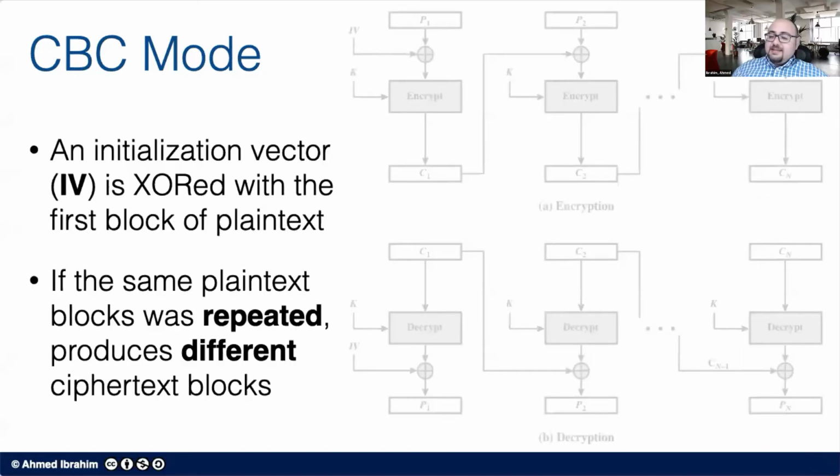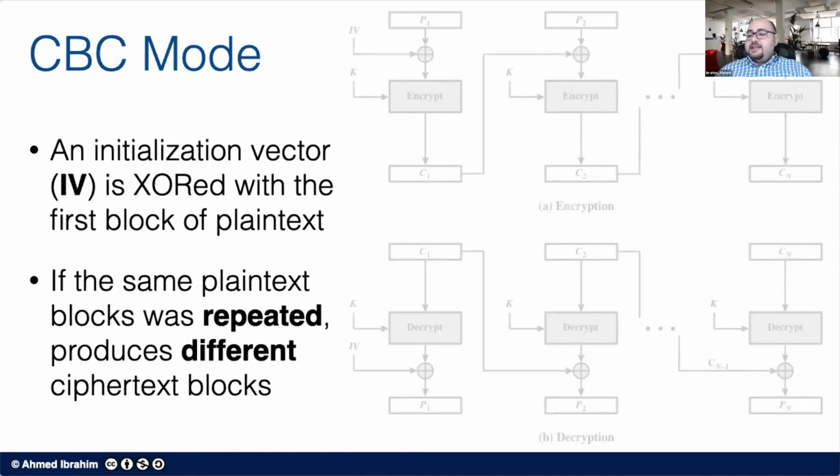So what CBC adds is an IV, initialization vector, that is XOR'd with the first block of plain text, and every following ciphertext gets chained into the operation of the next plain text. And this makes sure that if the same plain text block was repeated, it produces a different ciphertext block. So this one hides the properties of the plain text.